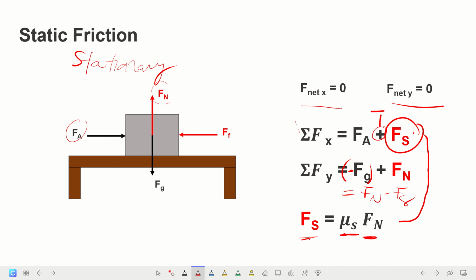Kasi sabi natin, directly proportional naman siya dito sa dalawa. So our friction is directly proportional to the normal force as well as to its coefficient of friction. So here, in this case, this is static. So therefore, coefficient of static friction. So yung coefficient of friction is denoted by mu.